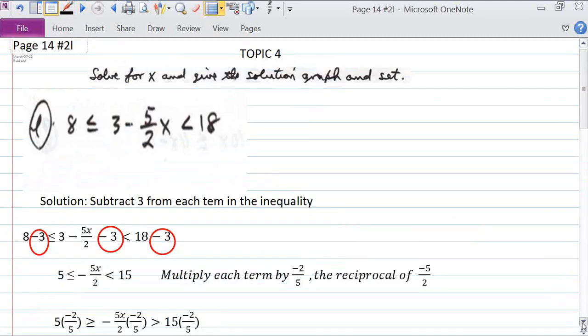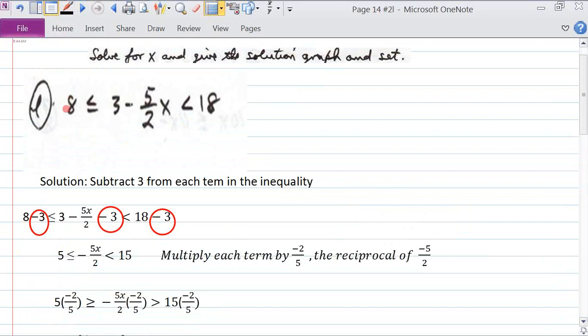Okay. Problem 2L. And here again, what we want to know is what are the values of x that make this inequality hold true. As we did in the previous problem, what we want to get is x right in the middle here. We don't want this 3, we don't want this 5/2.